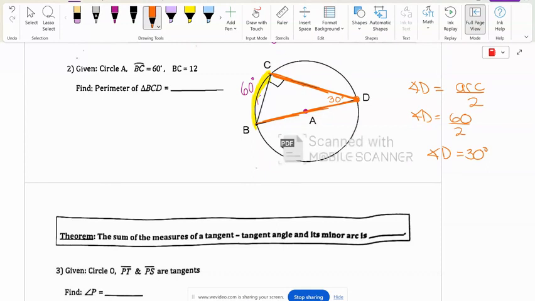So if I have an angle that's 30 degrees and 90 degrees, what's the last angle have to be? 60. This is a 30, 60, 90 triangle. So I'm going to go ahead and redraw this triangle so I could do some work on it.